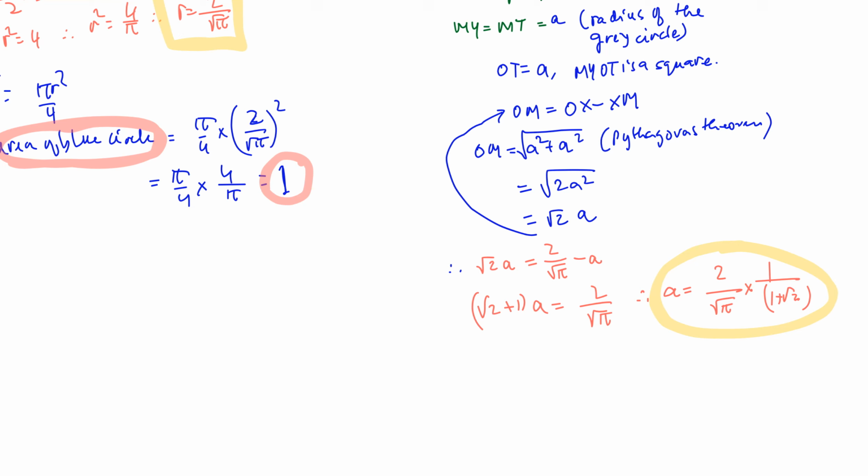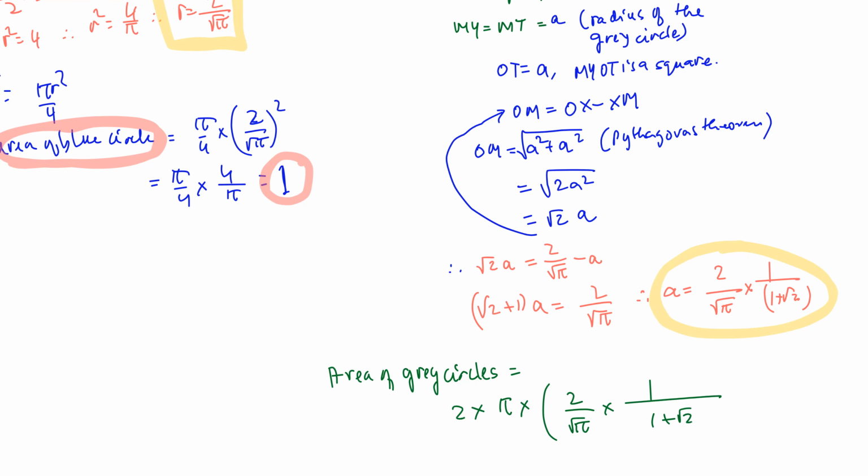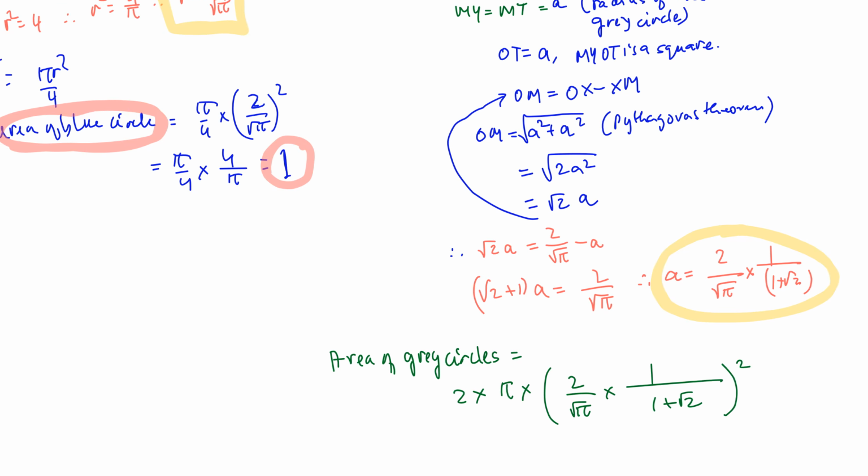So the area of the gray circles equals 2 times pi times radius squared. So 2 over root pi times 1 over 1 plus root 2, squared.